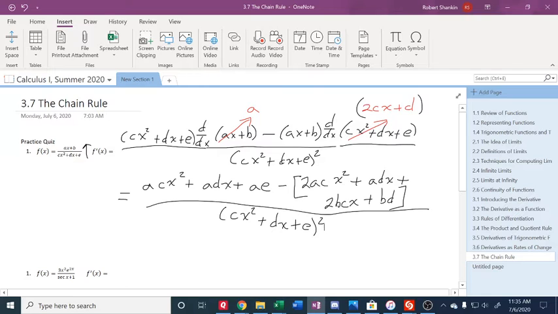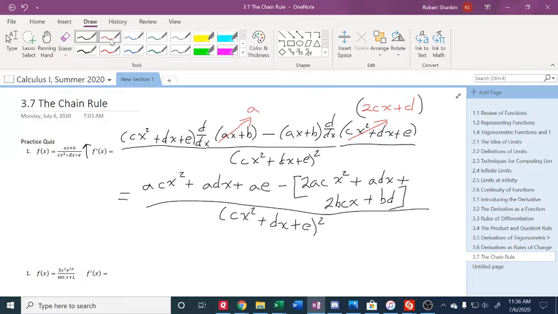And then I would distribute this minus sign, make all four terms negative, and any like terms, the adx's are going to cancel out. So those two will cancel, and I will wind up with equals.